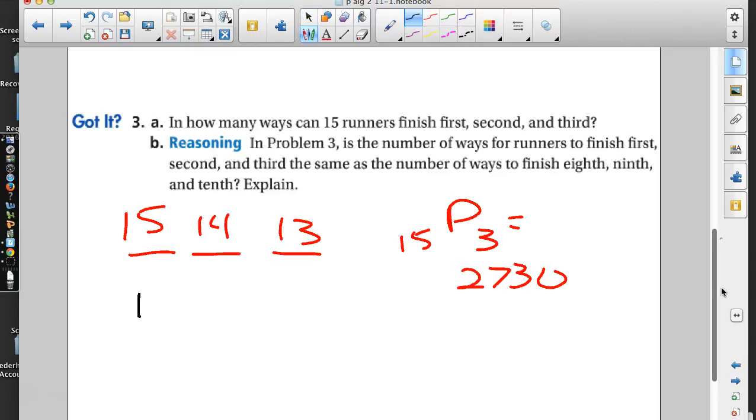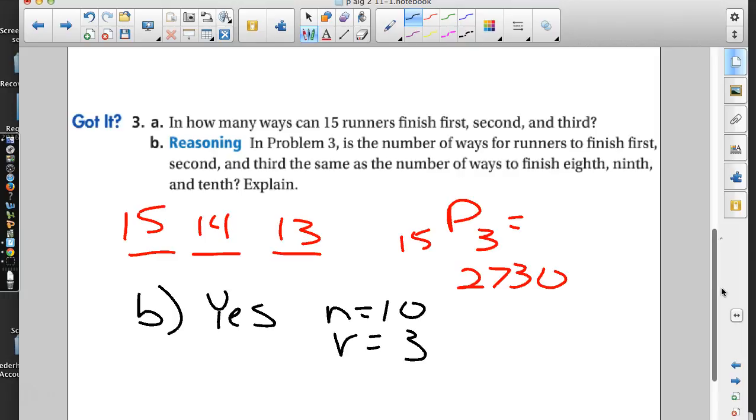So for B, is it the same? Yeah, it is the same. That's because the total number of runners that we were sticking with was 10, and the number that we are picking is 3. It doesn't matter where they are in the order, they just have to be in the order somewhere.